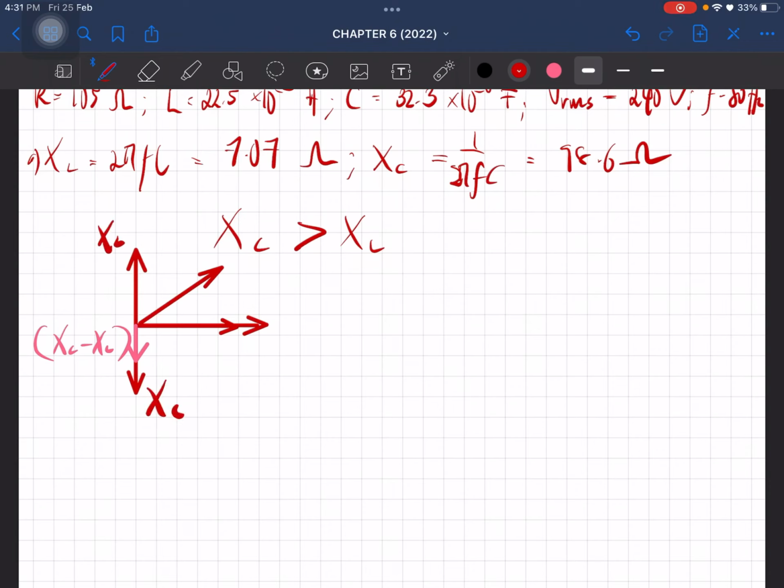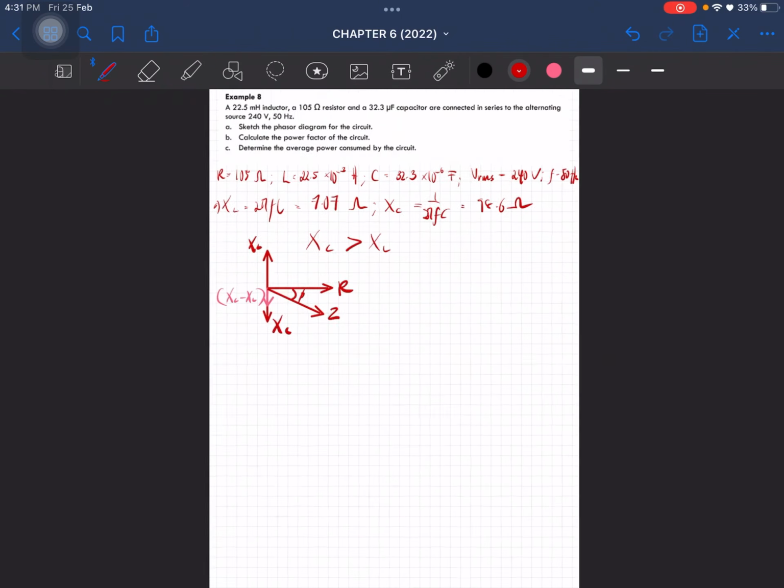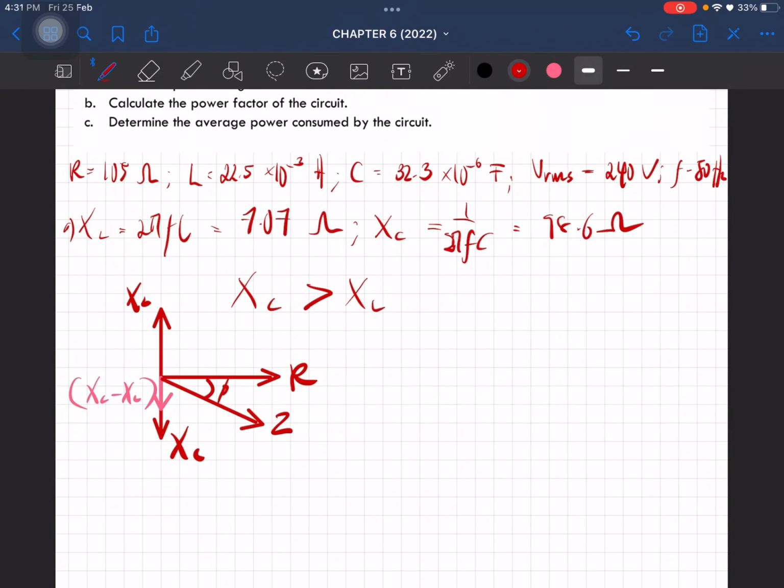That's why they're pointing downwards. So this is Z. This one should point here because XC is greater than XL. Z, this is R. Oh, we don't have to add the current. So that is in terms of R, XL, XC.